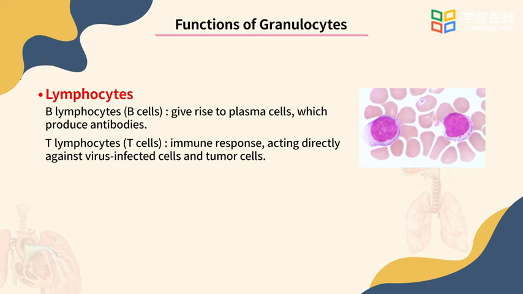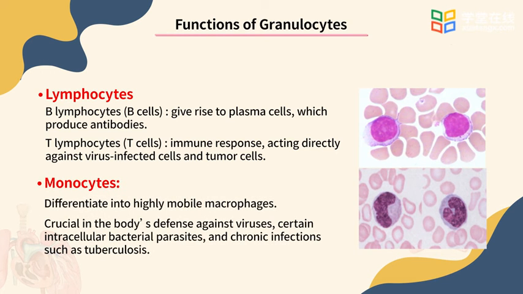B lymphocytes produce antibodies that find and mark pathogens for destruction. T lymphocytes kill anything that they deem abnormal to the body. And monocytes, the biggest white blood cells, are responsible for rallying the cells to defend the body. Monocytes carry out phagocytosis and are also called macrophages.